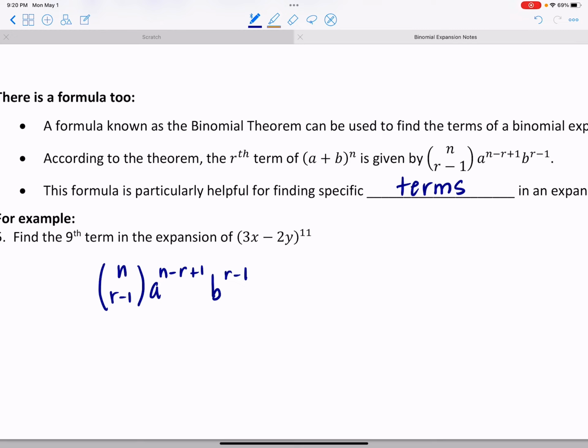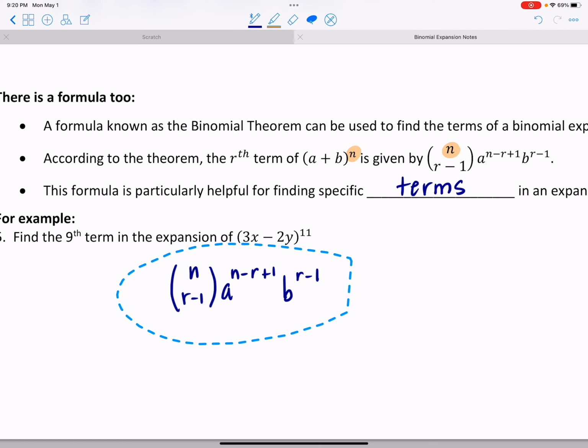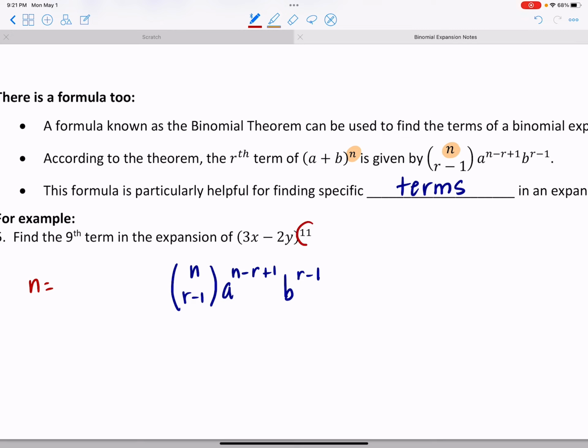So let's go back up here again to our formula. So the n that's here is the power that we're looking for. So in my problem, I know that n is going to be 11 because that's the power of my expansion.